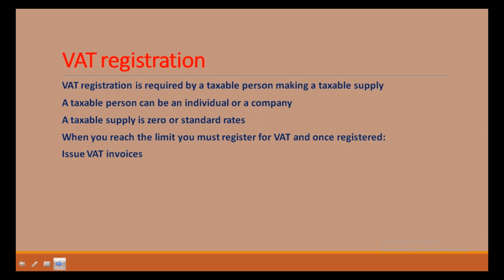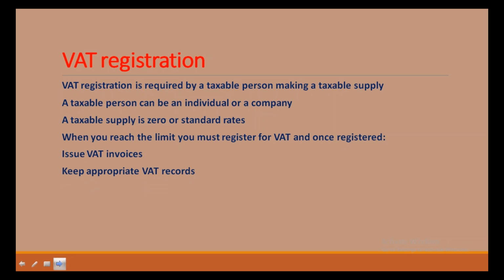And when you are registered, you must issue VAT invoices. Always the VAT invoice must show VAT separately. If the selling price is 100, VAT is 12.5%, then show the total amount as 112.5. Because when you collect 112.5, 100 is your sales price, 12.5 is the amount you have to pay to HMRC.